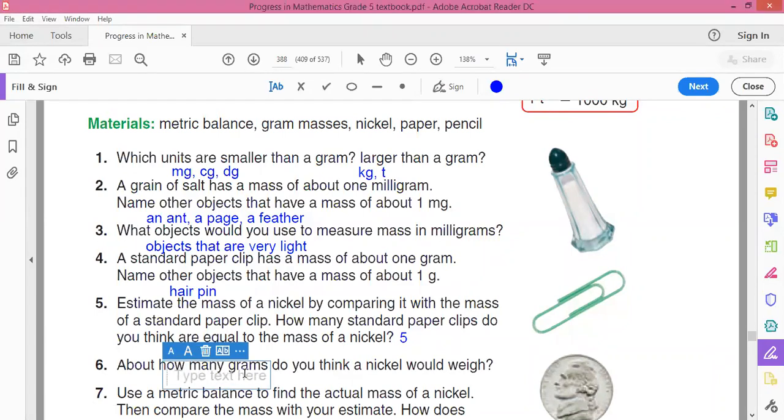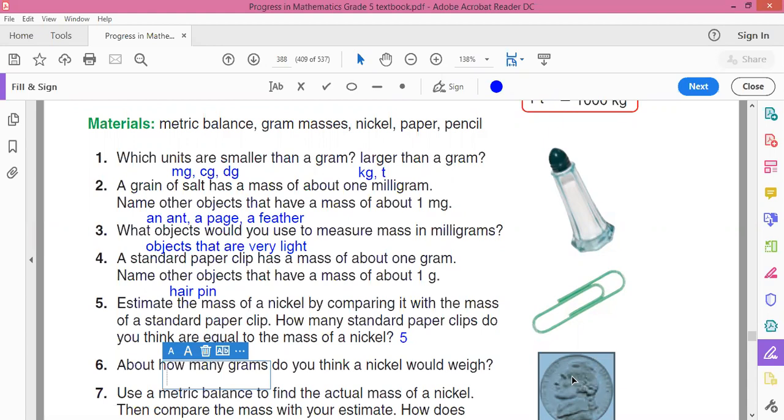Its mass. Can you see this one? Let me highlight this. This object, a nickel. How many grams do you think a nickel would weigh?